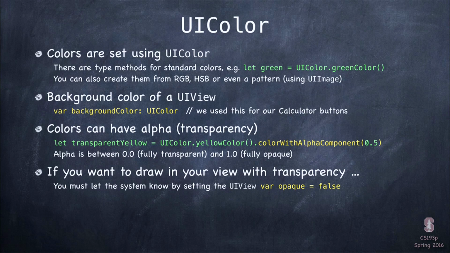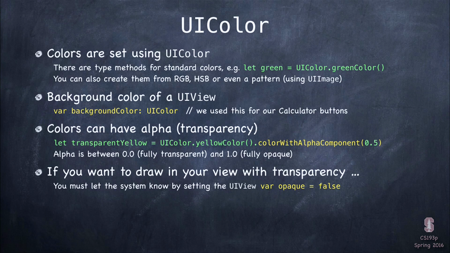If you want to draw with transparency in your view, if you want to draw with colors that are transparent, you have to set in your view this var, opaque, to be false. As a performance optimization, the system has to assume that your view is opaque, that it doesn't draw with transparency. That's because you can imagine things that are transparent overlapping.